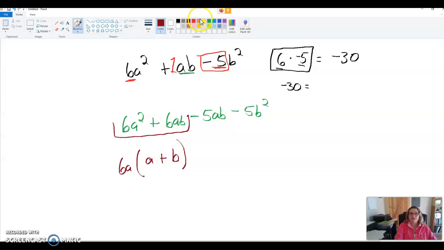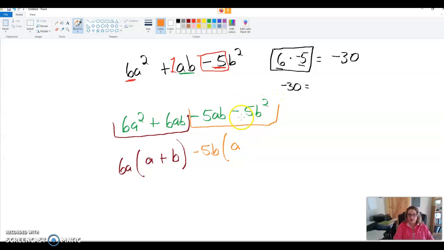So next I'm going to look at this second term where I have a negative 5ab minus 5b squared. This term I have in common a negative 5 and a b. So I'm going to pull this on the outside, put my bubble. Negative 5ab divided by negative 5b is going to leave me with a positive a.